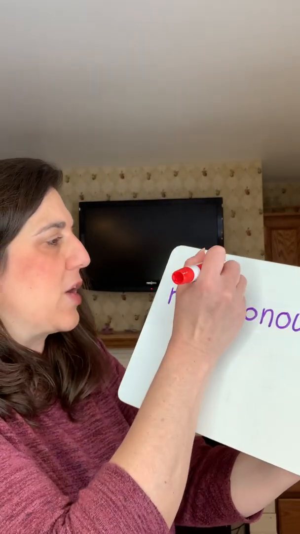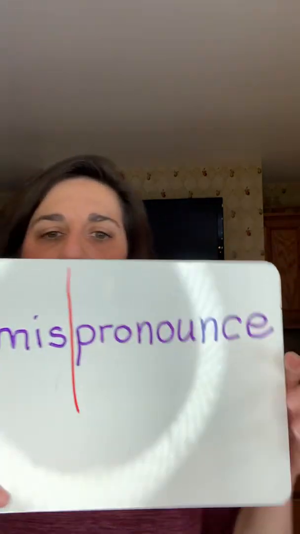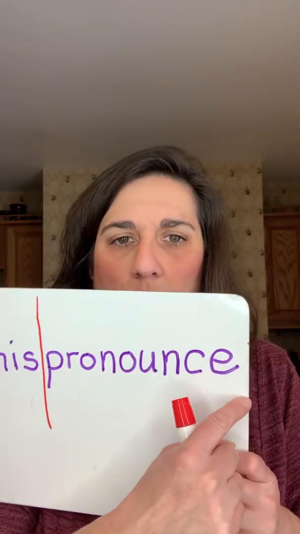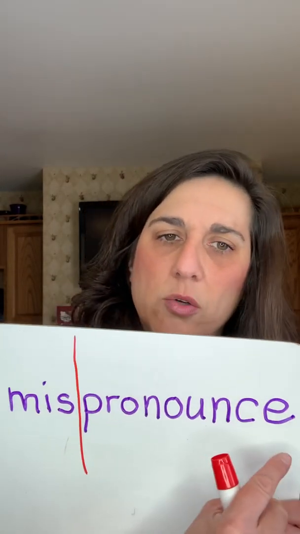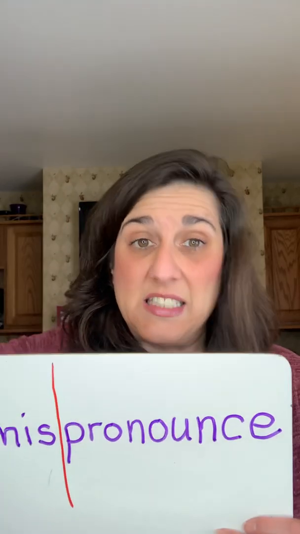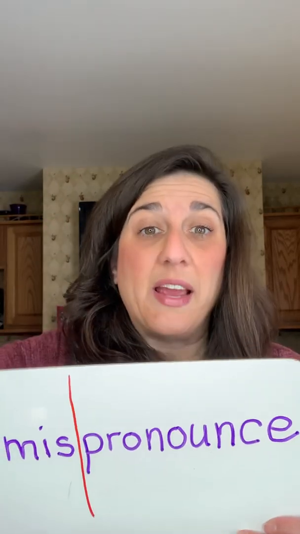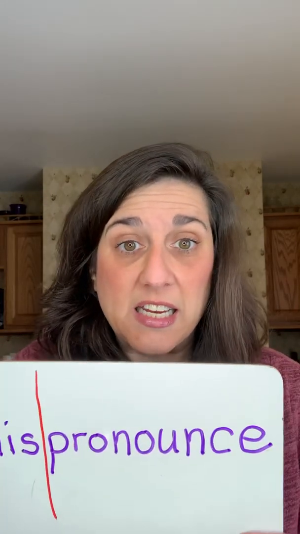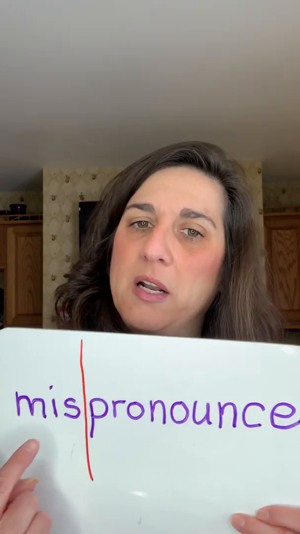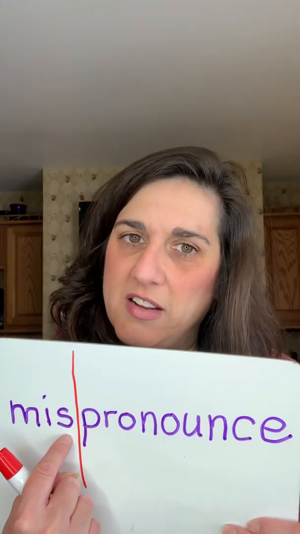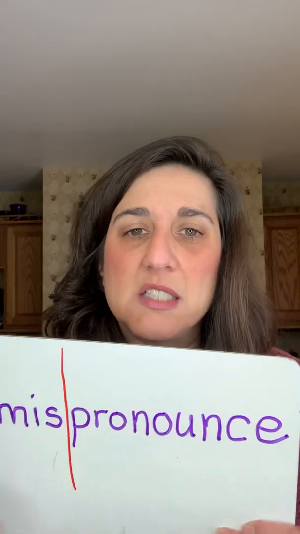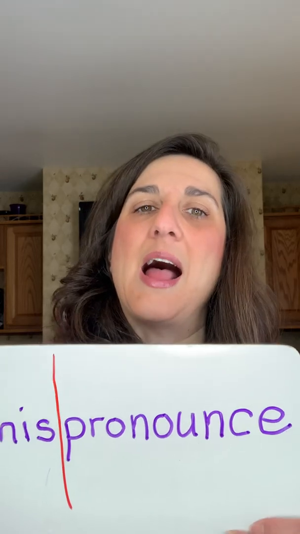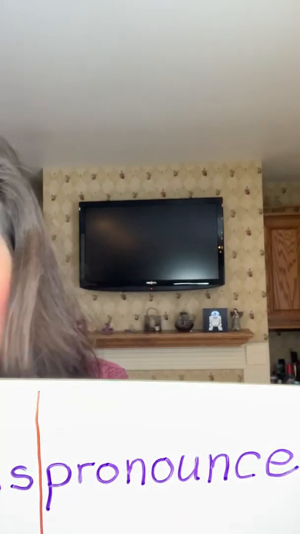So I'm going to draw a line like this. So I see my prefix and my root word. Well, pronounce, we know that means to say something in a nice way, to say it correctly, say it so everyone can hear it and understand it. But if we put mis in front of it, mispronounce, that means to say it incorrectly.